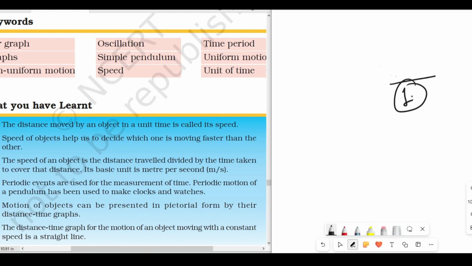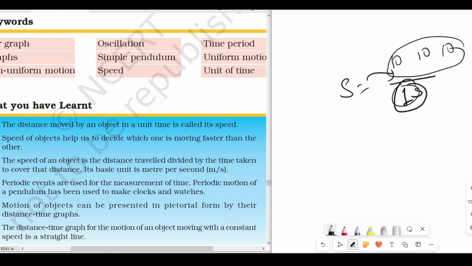One or singular value of a time is called a unit time. So 1 second or 1 minute or 1 hour. And in this singular unit of time, the amount of distance that has been covered by the object, 10 kilometers or 10 meters or 10 centimeters, whatever, is its speed.